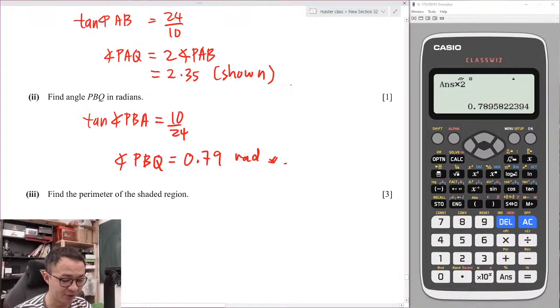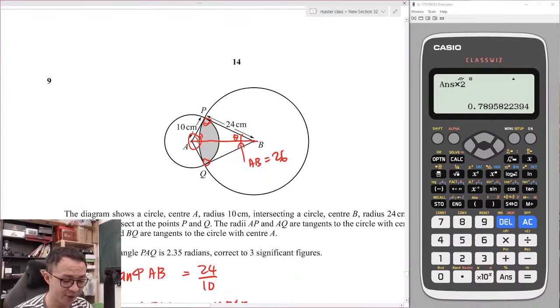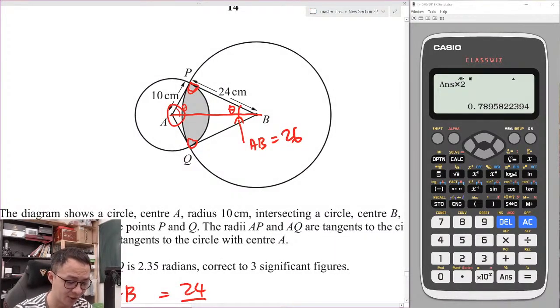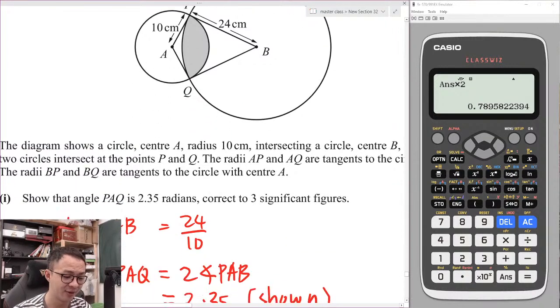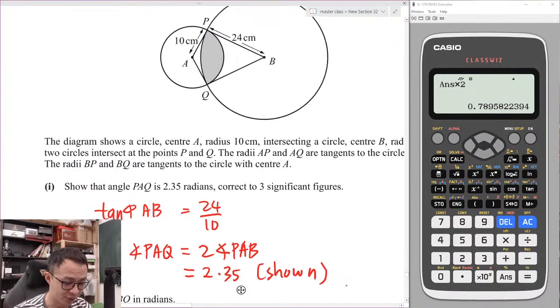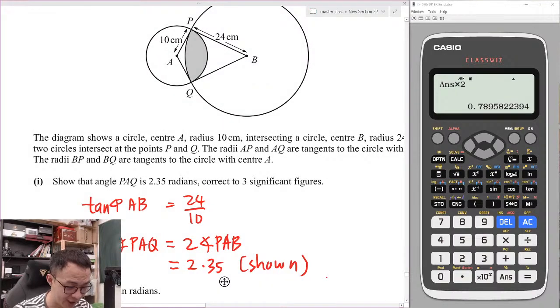Find the perimeter of the shaded region. For the perimeter of the shaded region, we have an arc length plus another arc length, isn't it? We have the angle A here. So the perimeter equals r theta.